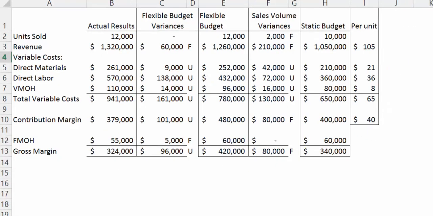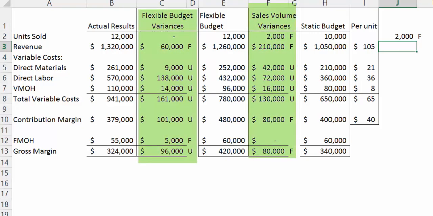So we have an extra column. And let's add together our variances. So if I add together my flex budget variance and my sales volume variance, I get 2,000. That's a favorable variance. Just going to go ahead and add favorable in there. We can add together the favorable revenue flex budget variance and favorable sales volume variance.